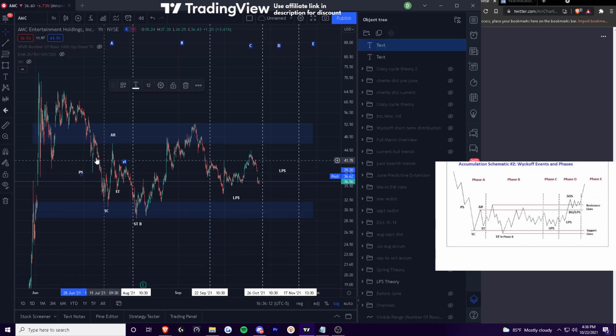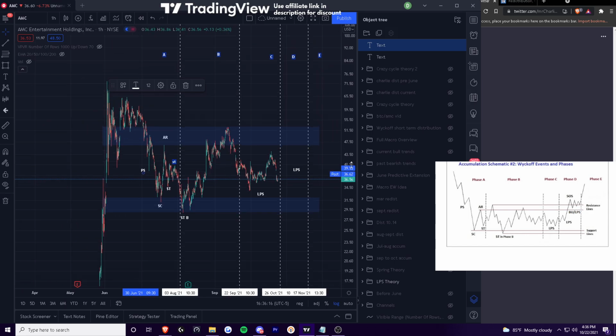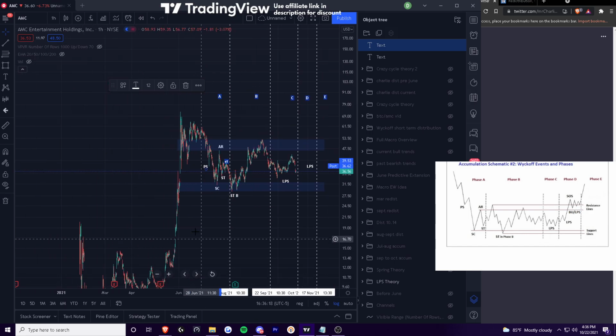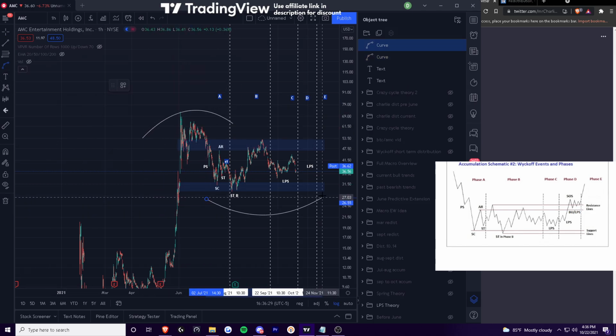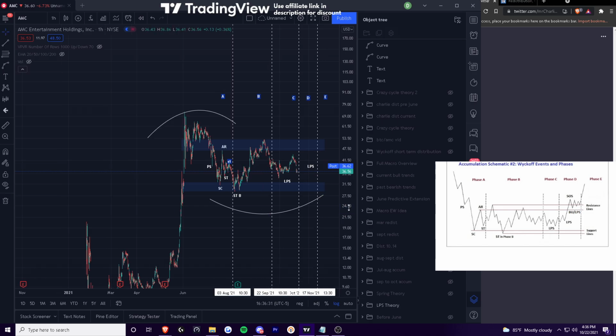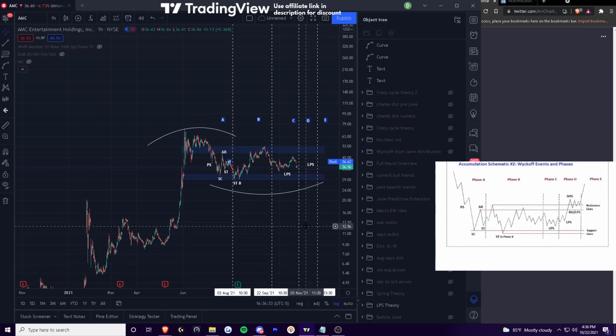I will say it makes more sense if you're looking at it from a fundamental Wyckoff standpoint, looking at it as accumulation and distribution. And also if you're looking at the options chain and the cost of options, especially out of the money call options, how they've cheapened so much with implied volatility going down and stuff like that.